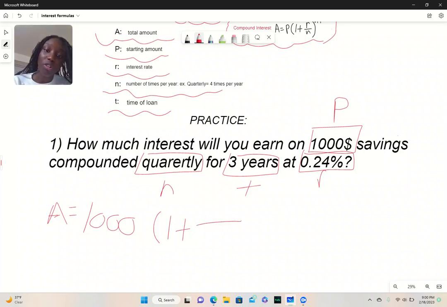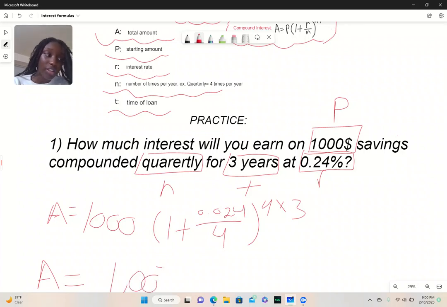So it'll be 0.0024 over N, which is 4) to the power of N times T, and N is 4, and T is 3. And if you put all that in the calculator, you get A equals $1,007.22.